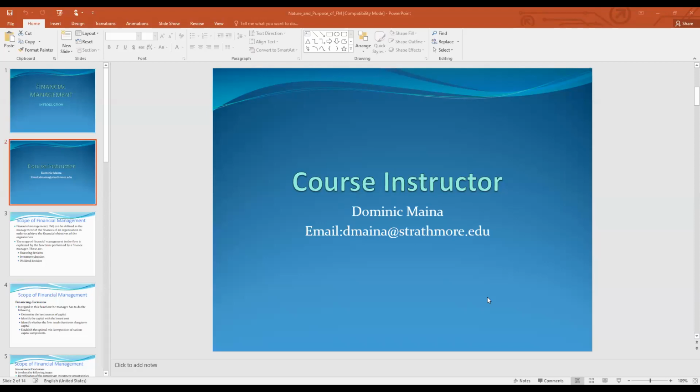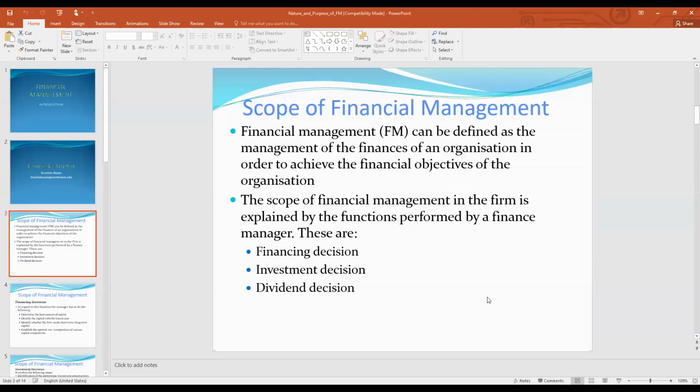Anyway, the first topic is about trying to make an introduction towards financial management. And financial management, in simple terms, as the name suggests, is the managing of finances. It is the managing of company finances, capital, funds, financial resources, and they include even assets, with the key purpose of assisting the company to achieve its objectives, its financial objectives.